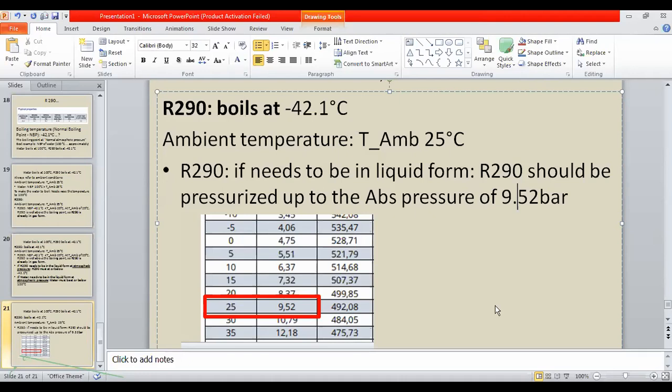So that is the point of learning the normal or the boiling point.